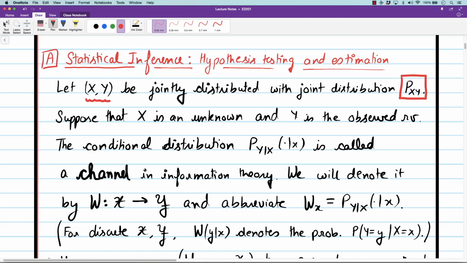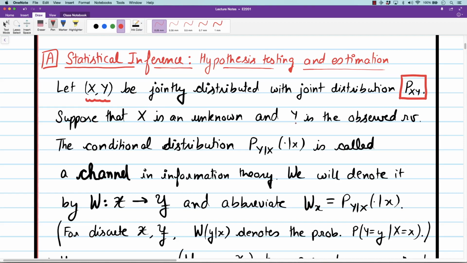In that case, there are two kinds of users: the users who click and users who do not click. This is your unknown random variable x. You don't know which user is which. When x is 0, this corresponds to a user who doesn't click, and when x is 1, it corresponds to a user who will click.